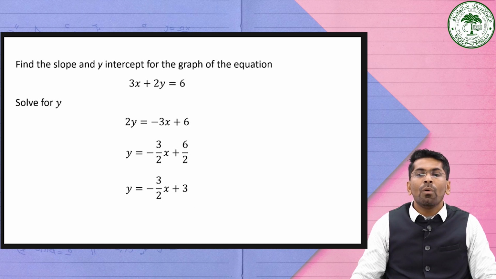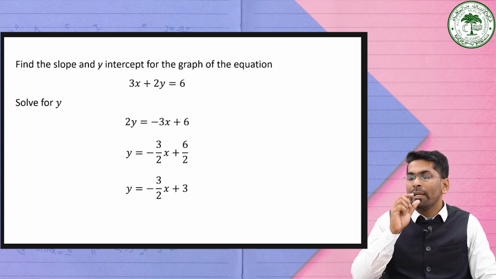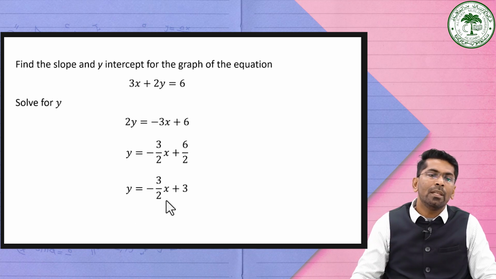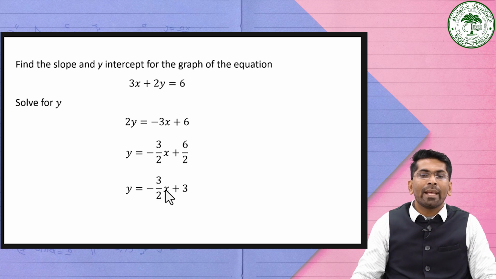So the equation now is in the slope-intercept format, that is y is equal to mx plus b, where the coefficient of x, here minus 3 by 2, is the slope of the line. At the same time, when x is equal to 0, this entire term will become 0, and y is equal to 3.